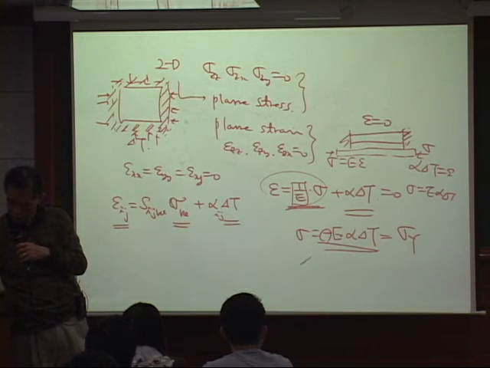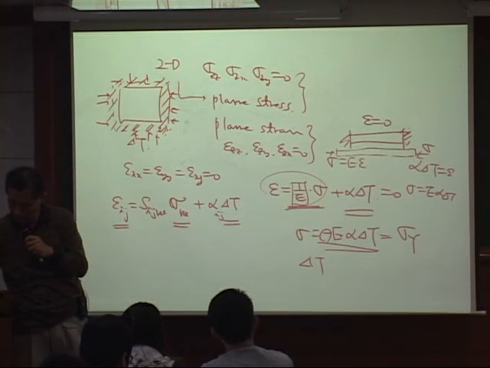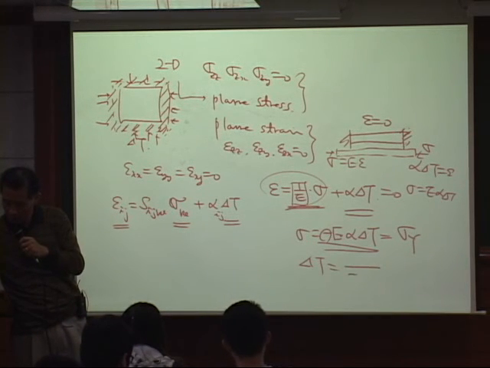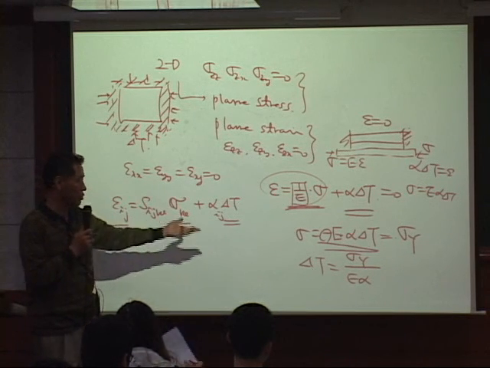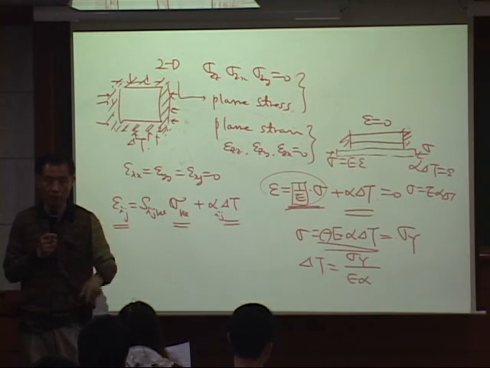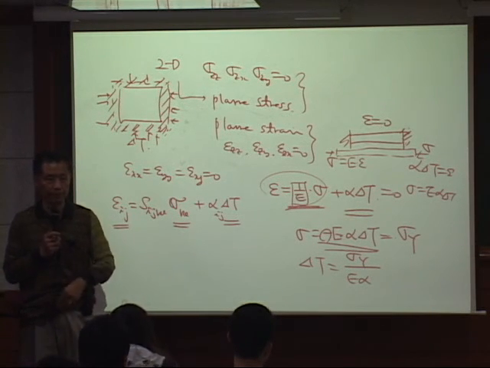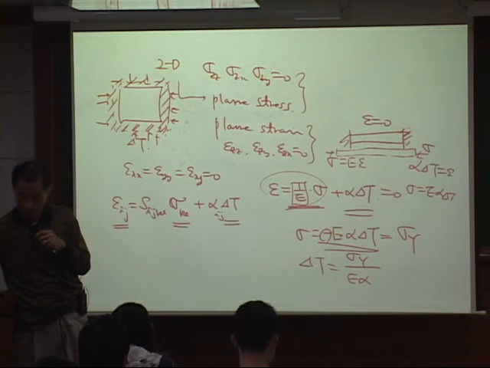How much delta T do you need to cause material failure? Well, simply sigma yield over E alpha, right? This is the temperature change you need to apply to cause material failure, right? Okay.